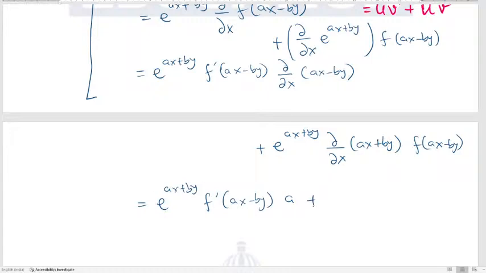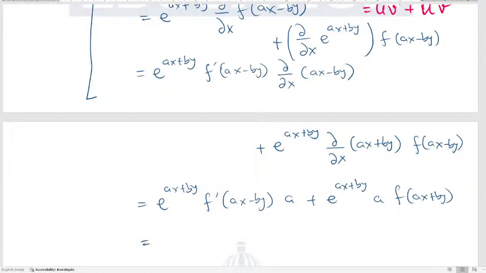Plus e power ax plus by, and the differentiation of ax plus by is again a, multiplied by f of ax minus by here, right?